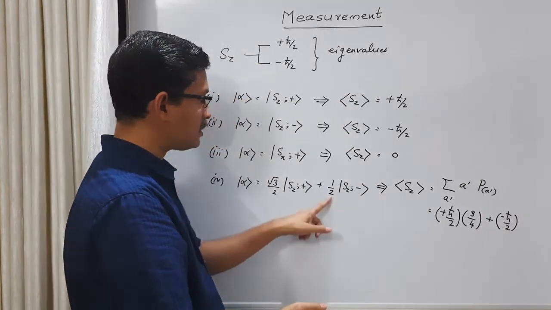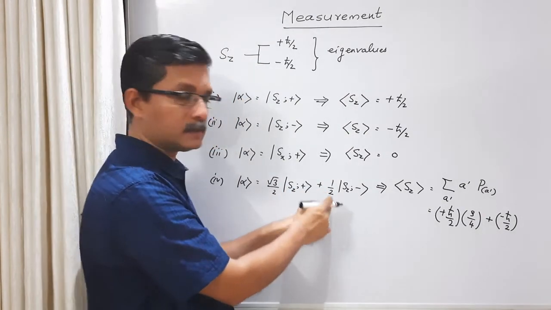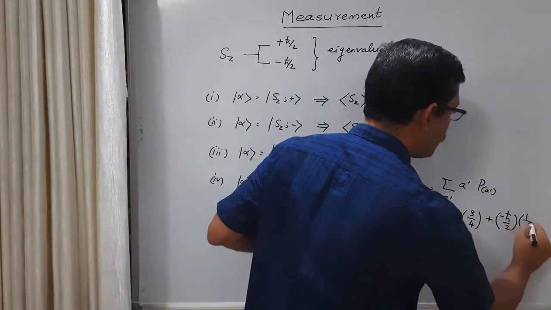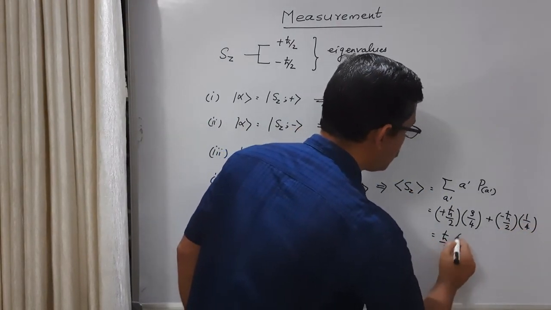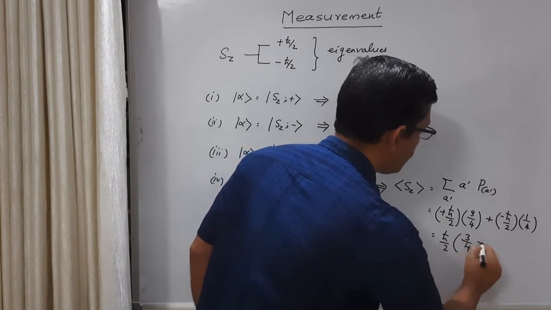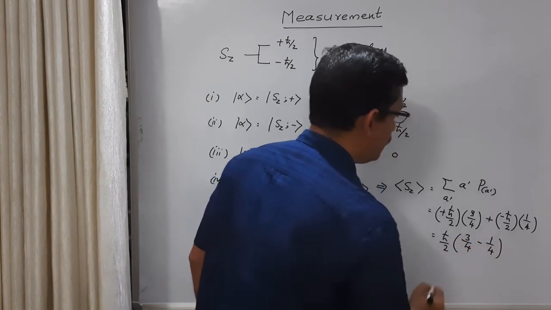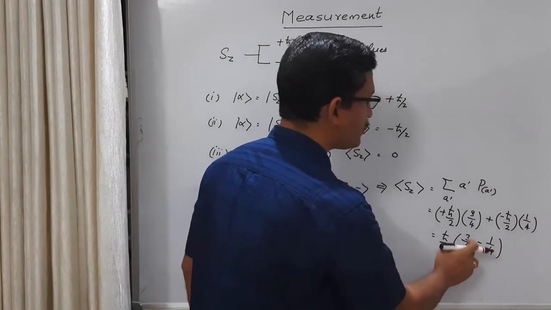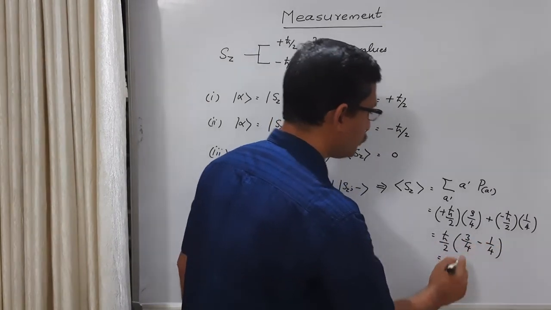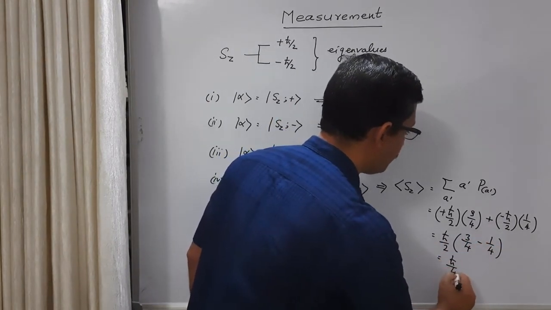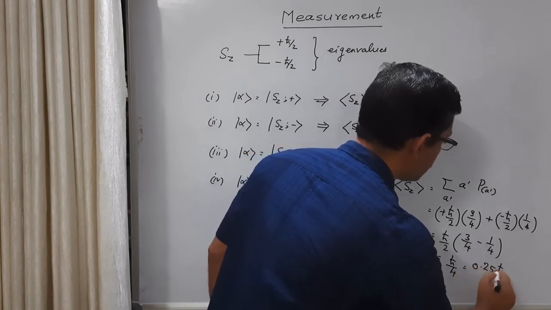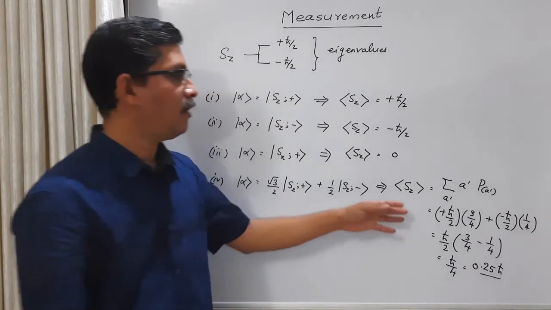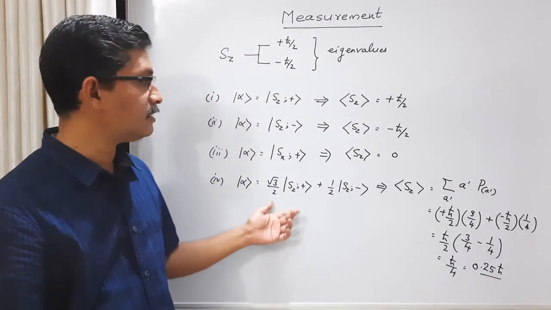Minus ħ/2 times the probability, the square of this expansion coefficient, 1 by 4. So we have ħ/2 times 3 by 4 minus 1 by 4, which is 2 by 4, that is 1 by 2. So we have ħ/4, that is 0.25 ħ. That is the average value if the initial state is this.